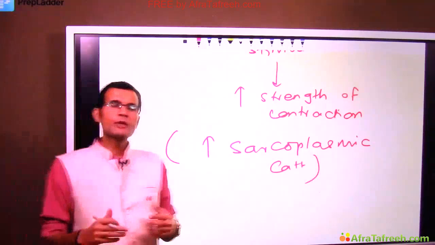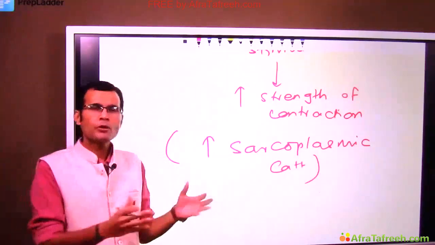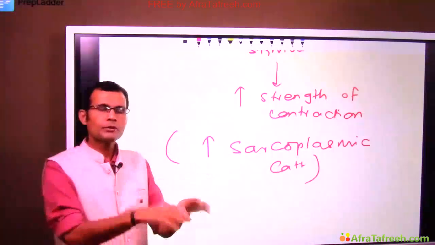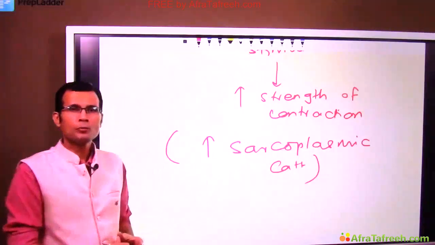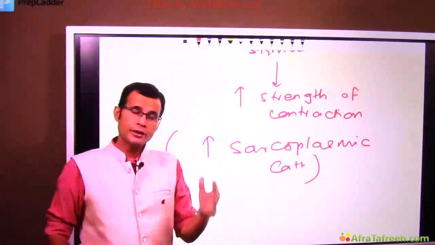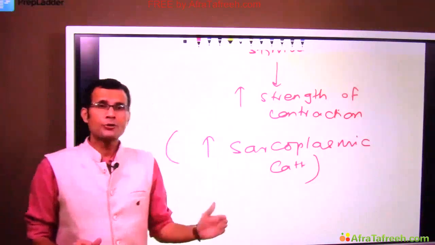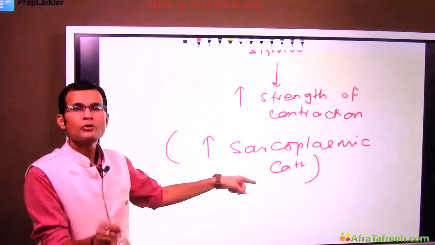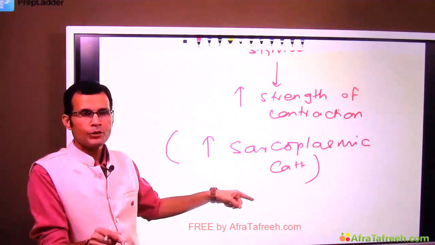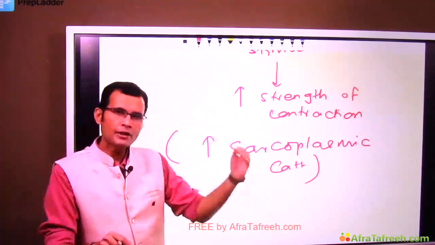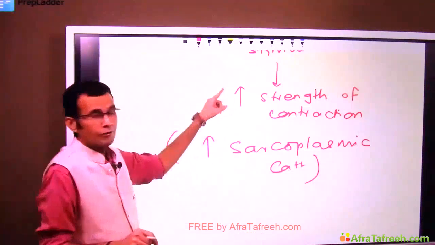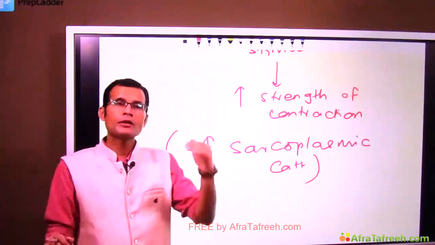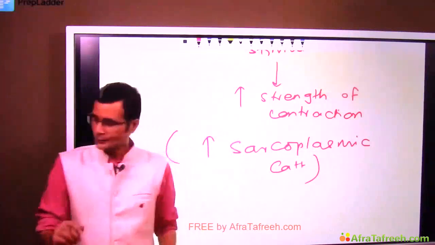If the stimulation frequency increases, more and more calcium pours into the sarcoplasm. And we've already seen that the strength of contraction of a muscle is proportional to the amount of sarcoplasmic calcium. So if the calcium is accumulating in the sarcoplasm because of a higher frequency of stimulation, then it will produce stronger and stronger contractions.